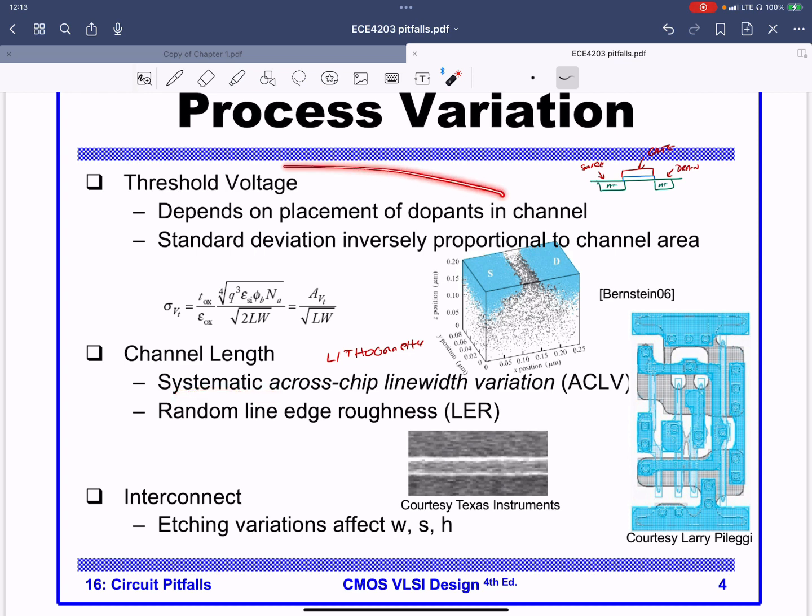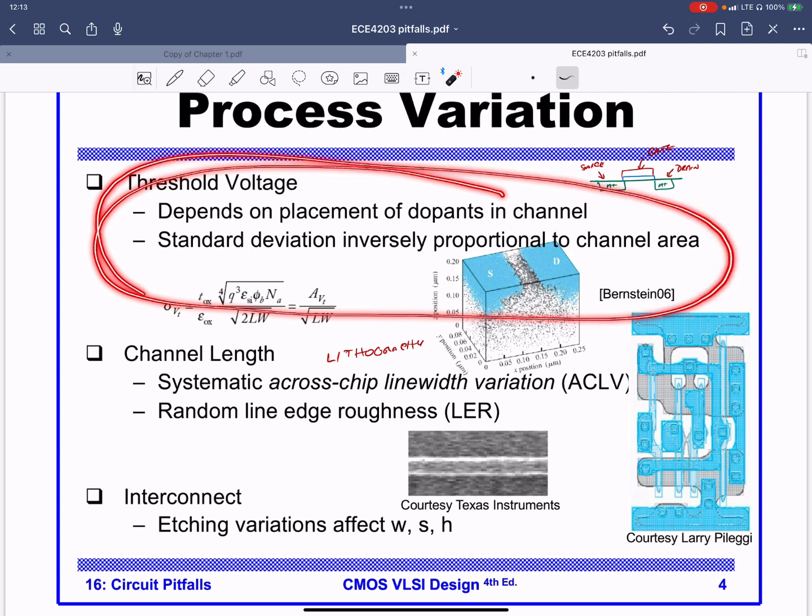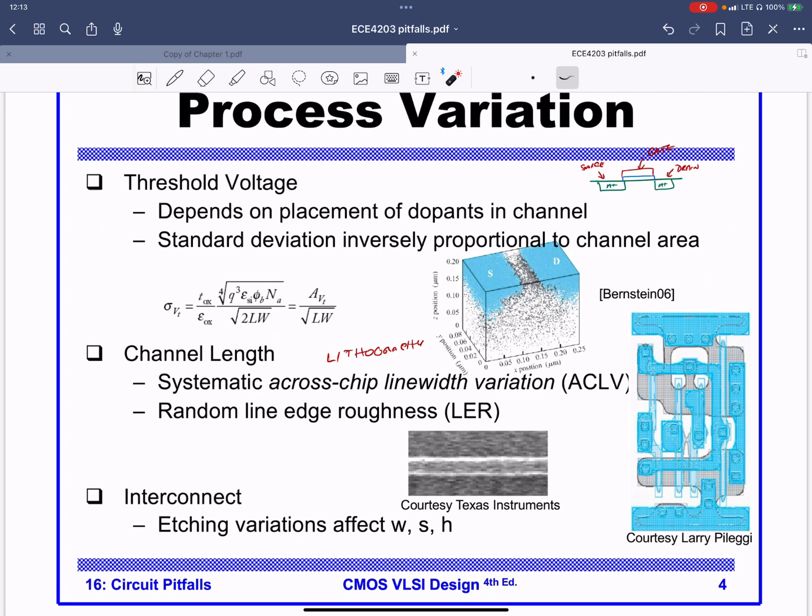So this threshold voltage variation is kind of random. You'll see it being different from transistor to transistor. Chip after chip will have a different distribution, sort of semi-randomly, of thresholds.